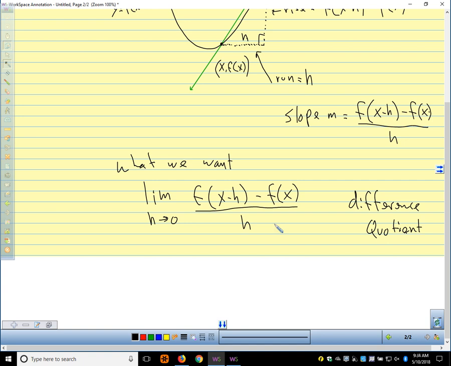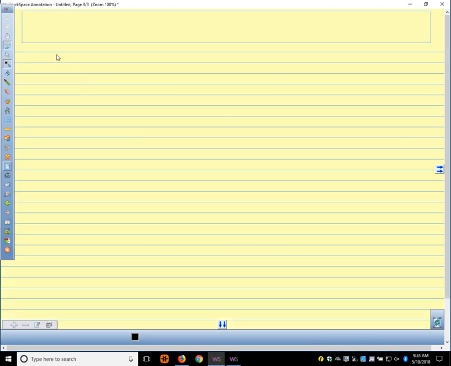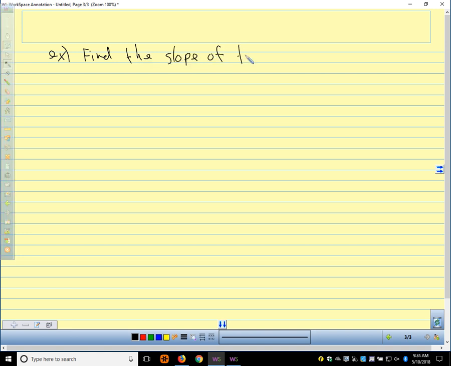All right, so everybody good with the idea of slope as a limit? So what we're interested in today is calculating this limit. So let's look at a couple of examples. We want to find the slope of the graph of y equals x squared plus 1 at a particular point, (1, 2).